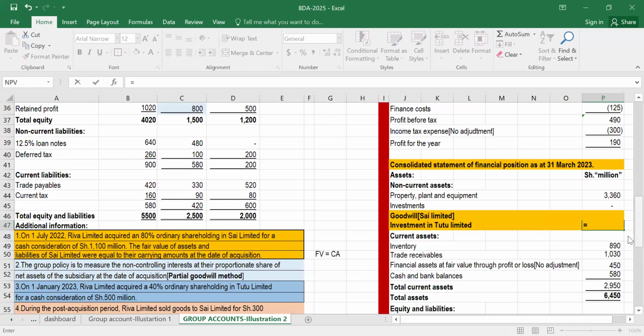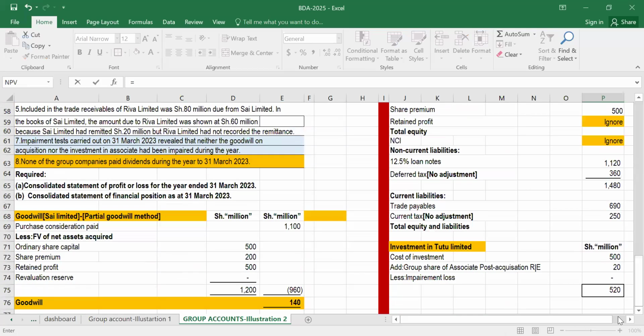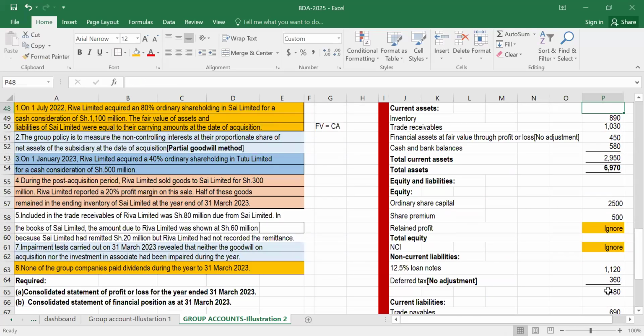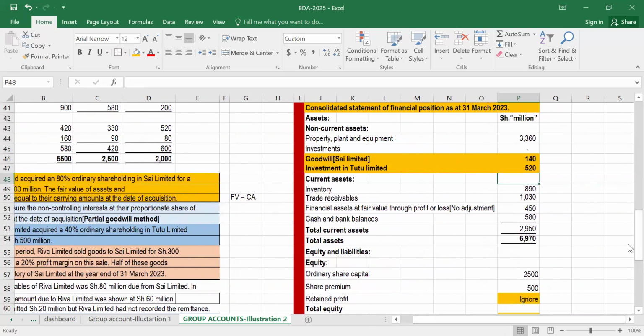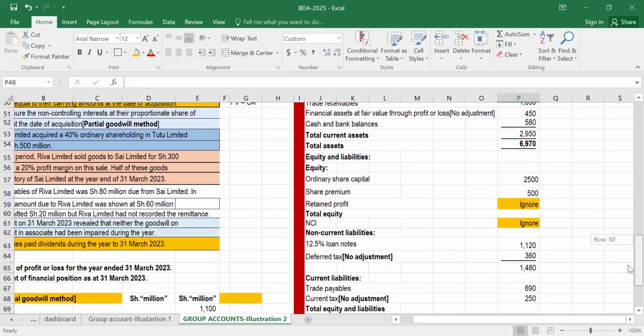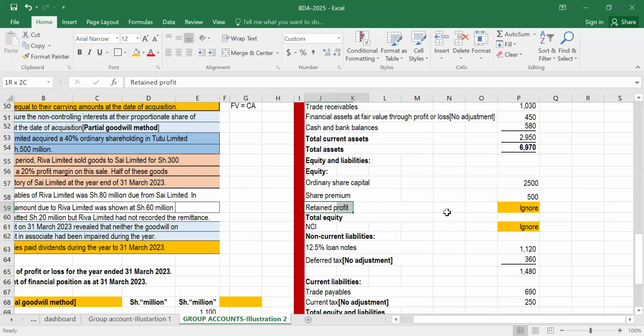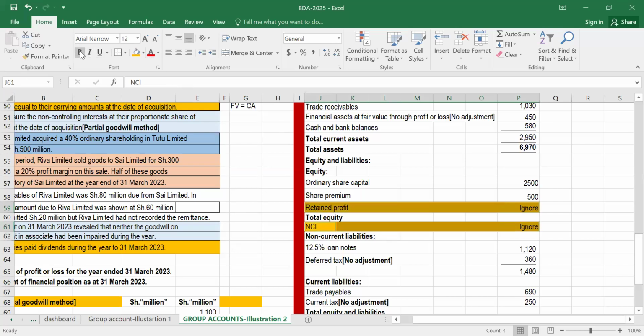So this will be equal to whatever you have computed down here as 520. So basically in our case, we are done. Though remember, there are 2 items here which you have not computed: the group retained earnings and the non-controlling interest. We have said that these are some of the items which are quite involving.